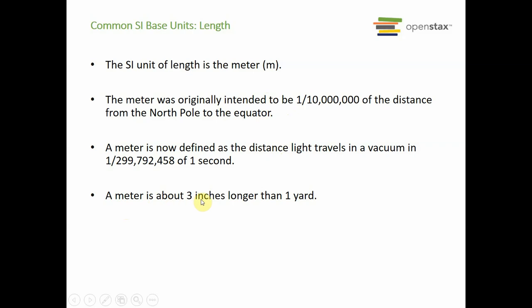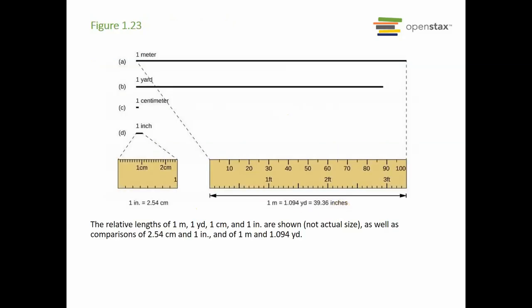A meter is about 3 inches longer than 1 yard. Okay, the relative lengths of 1 meter, 1 yard, 1 centimeter, and 1 inch are shown. Not actual size, so it doesn't do us any good, really. As well as comparisons of 2.54 centimeters and 1 inch, and 1 meter and 1.094 yards.